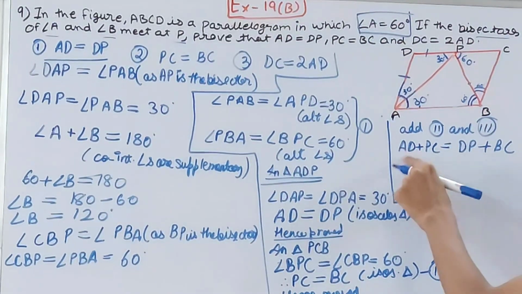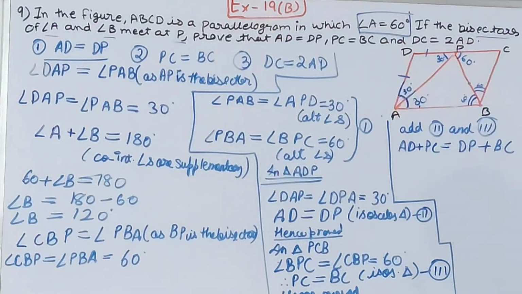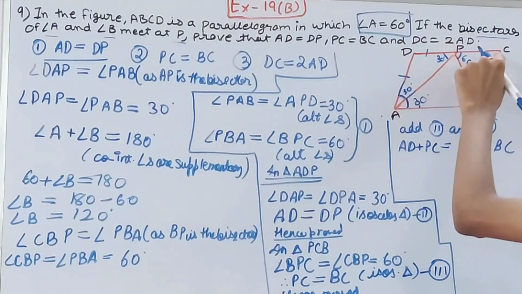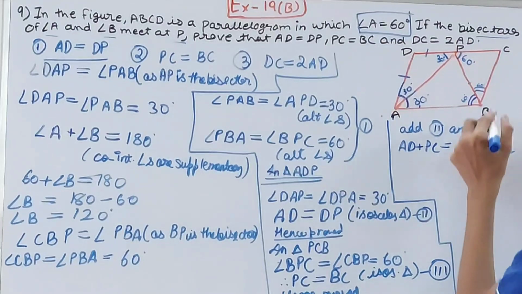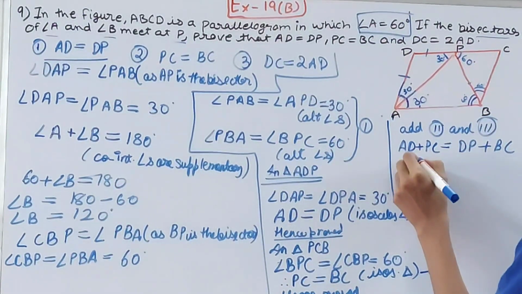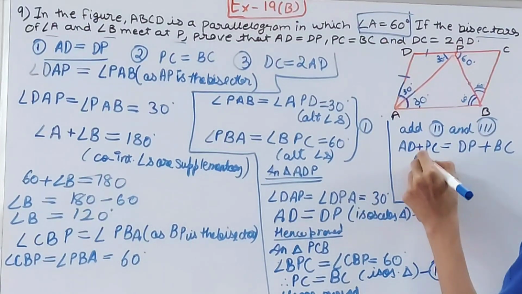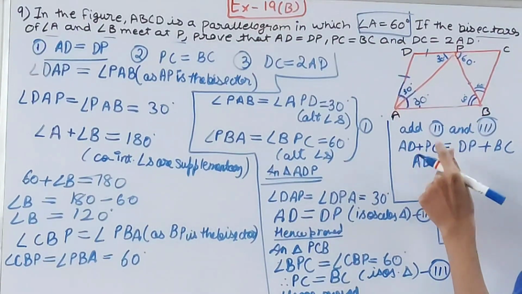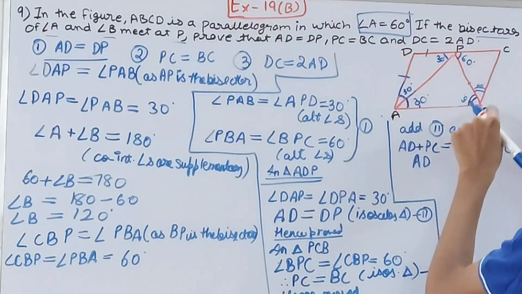Now look here, AD plus PC, AD and PC, right? And what else do you have? DP plus BC. Where is it? Here it is. Fine. So what can you write down? See here, BC is equal to PC, right? What I'll do here, look, AD, right? Okay, and look, PC is equal to BC, right? AD and BC.